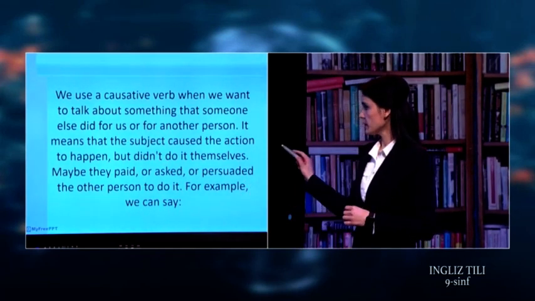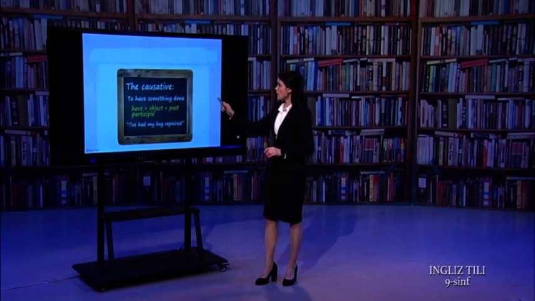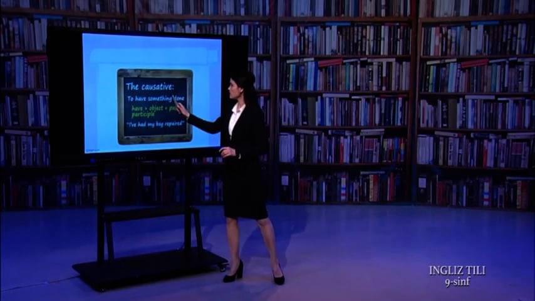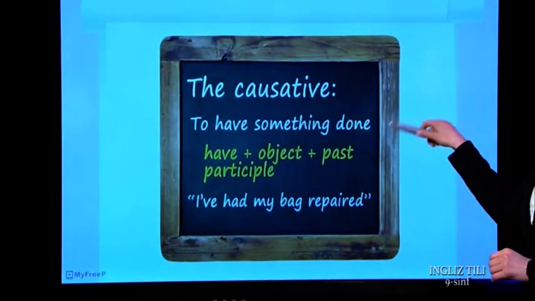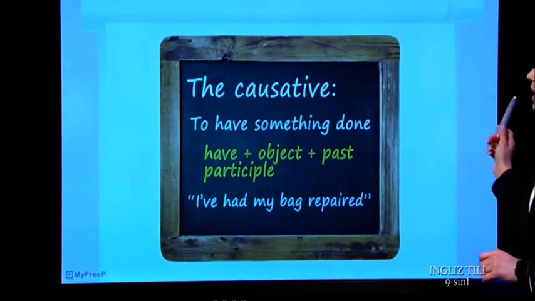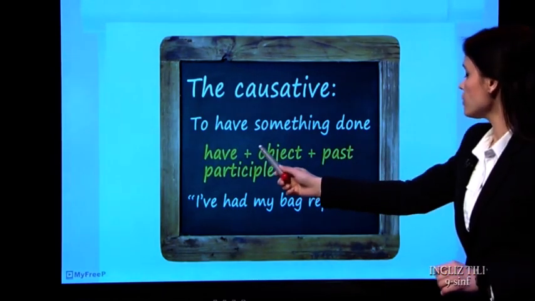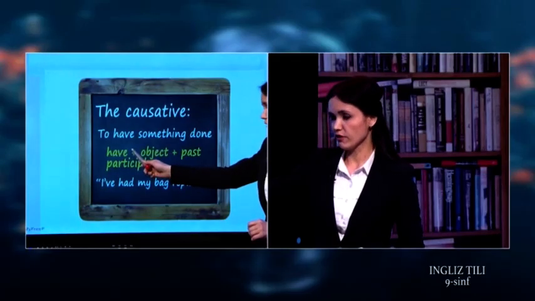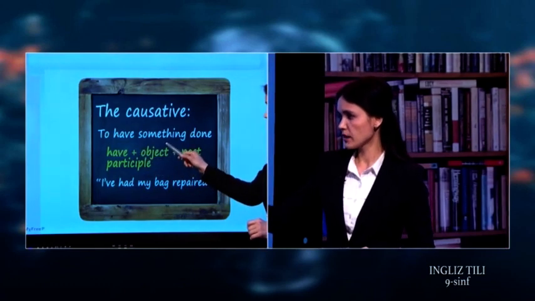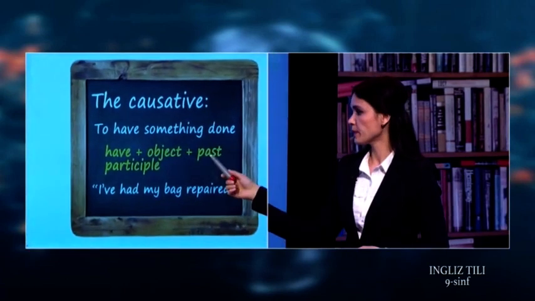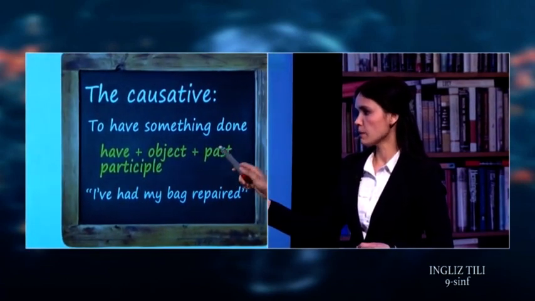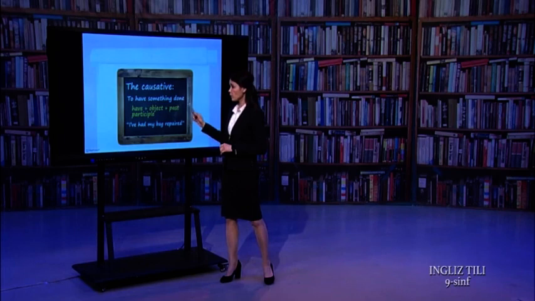For example, we can say 'to have something done.' Let's take a look at this formula, the structure. The structure gives you the verb have plus object. That means what object are you going to describe? And plus past participle, the third form of the verb.